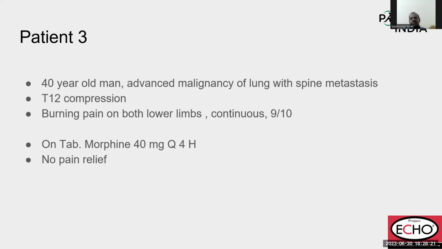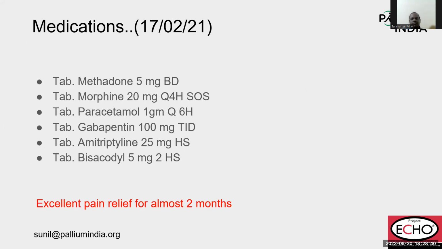What would be the cost of gabapentin for 3.6 gram? Maybe up to 200, 300 rupees per day. But methadone, probably 5 milligram BD, would cost about 5 rupees per day.